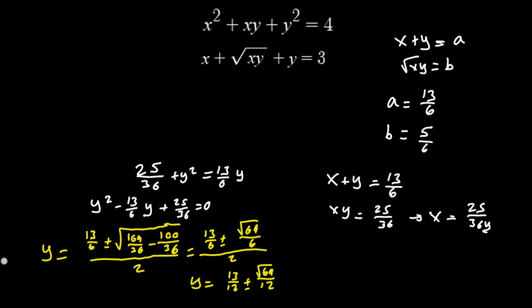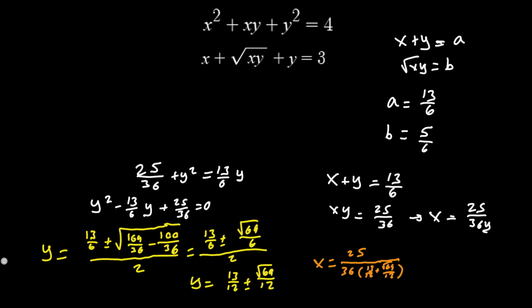What we have to do now to find x is simply just plug in y. Okay? So let's go ahead and do that. So x is equal to 25 over 36 times 13 over 12 plus, let's just use the positive value for this, so we'll have root 69 over 12, right?